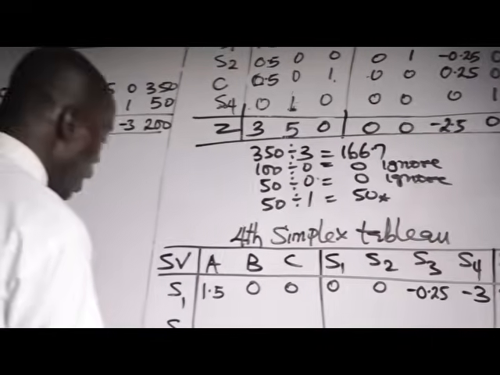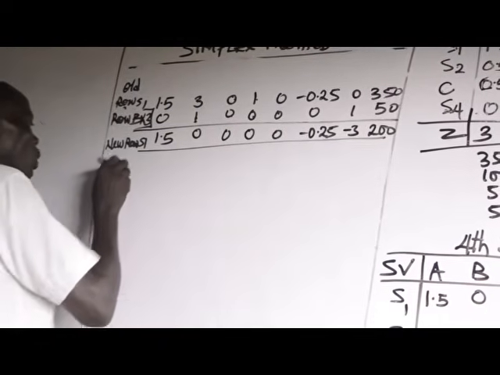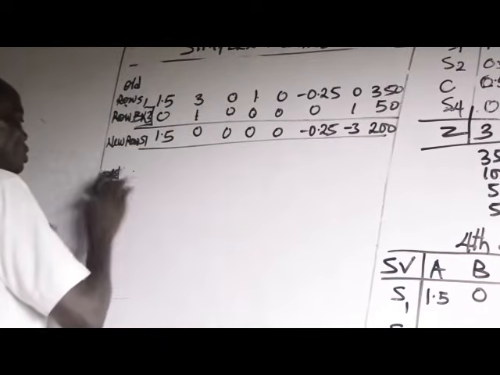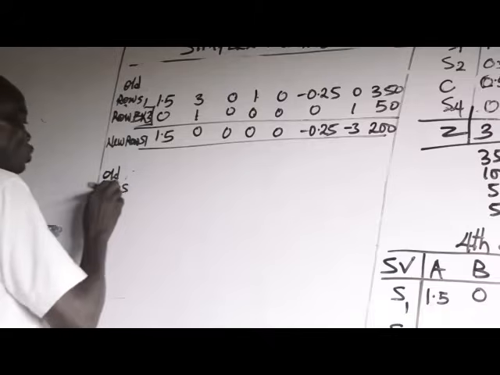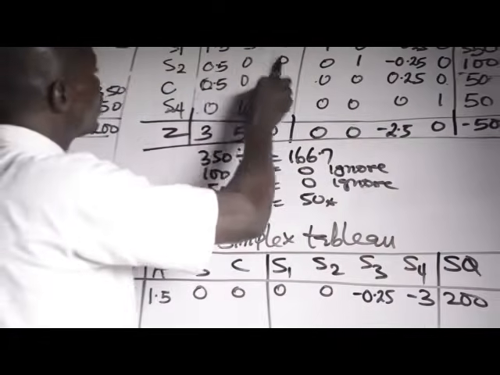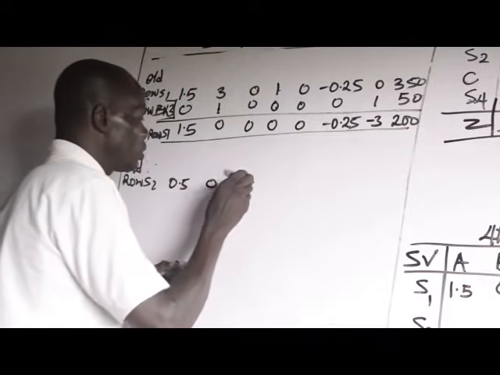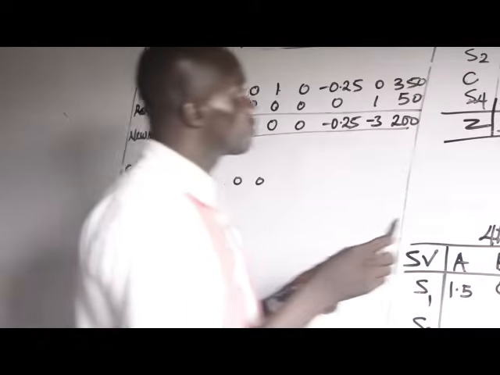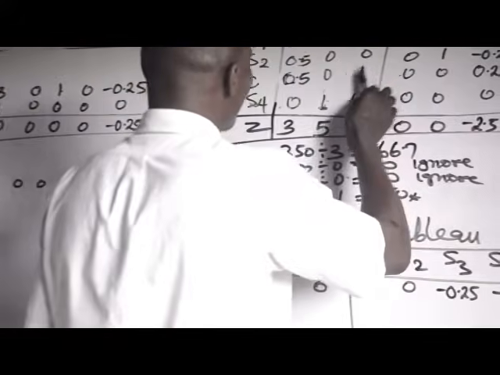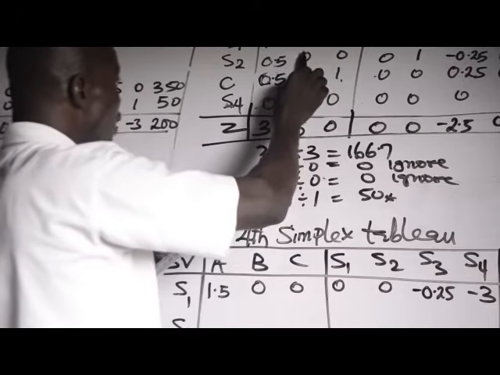Then row S2 now. Old row S2, we have 0.5, 0, 0, 0, 1, 0, minus 0.25, 0, and 100. This column is already 0 in case of S2.